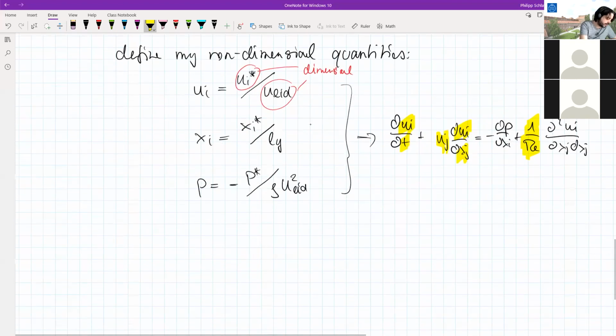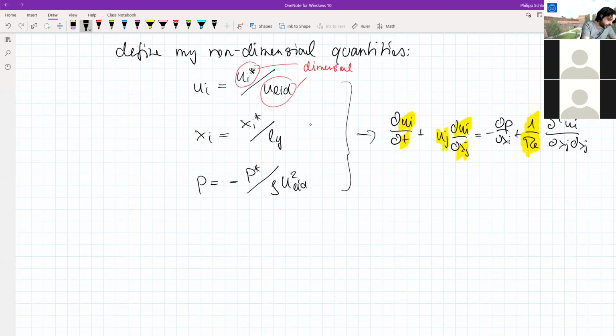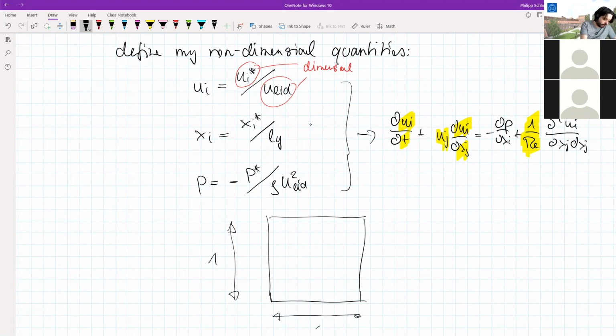Of course, that then means that if I'm now plotting my cavity in non-dimensional form, it turns out that the height is 1, because it's non-dimensionalized with the height. The width in the square cavity is also 1, and the speed of the lid is also 1, because it's non-dimensionalized with u lid.